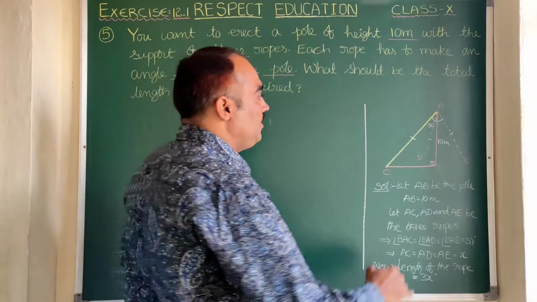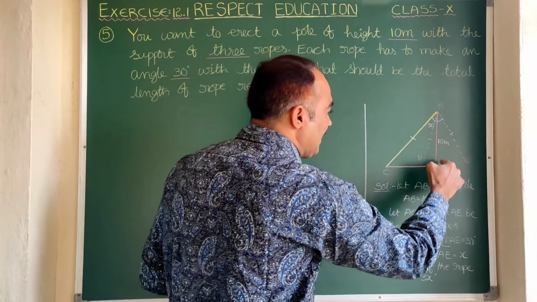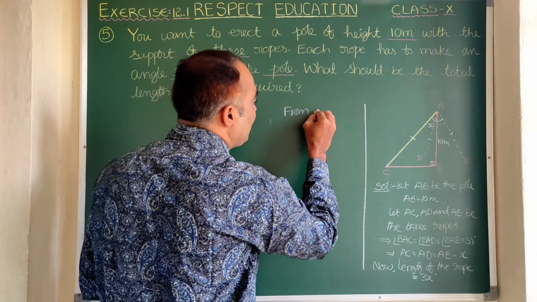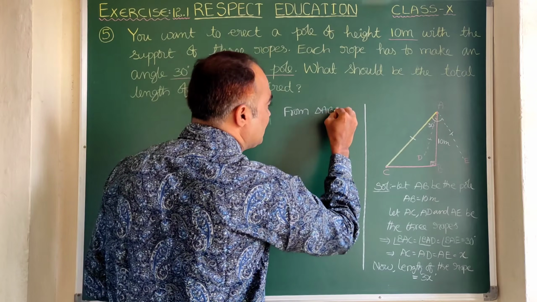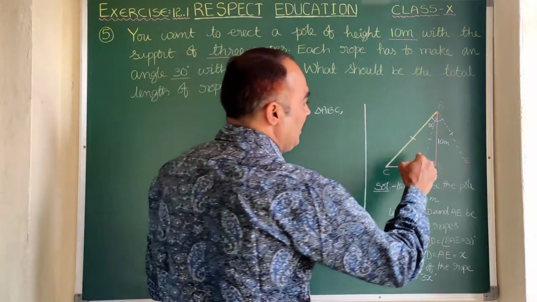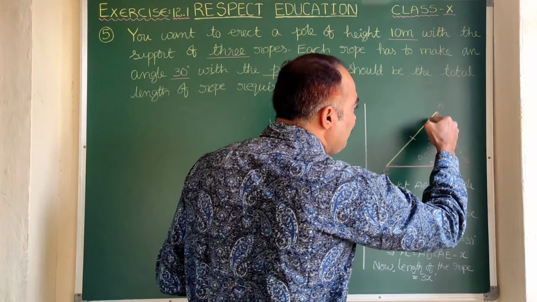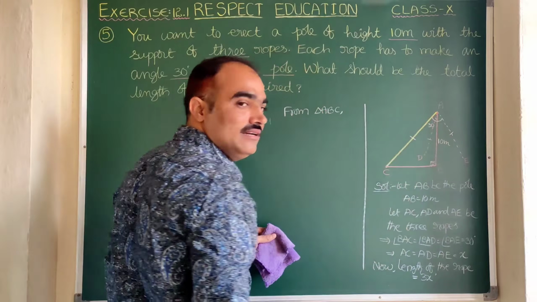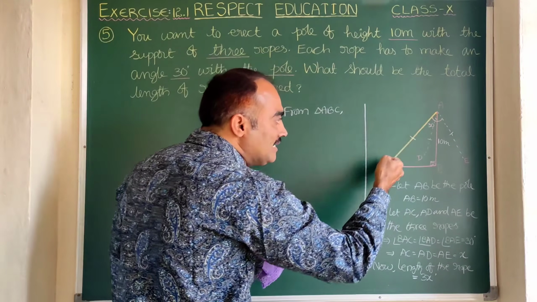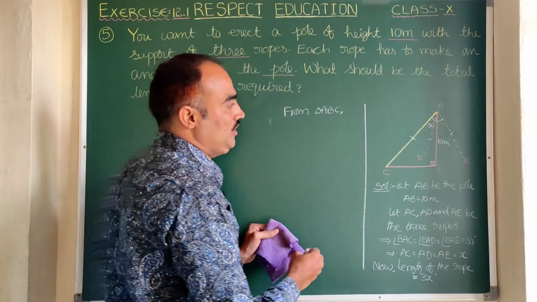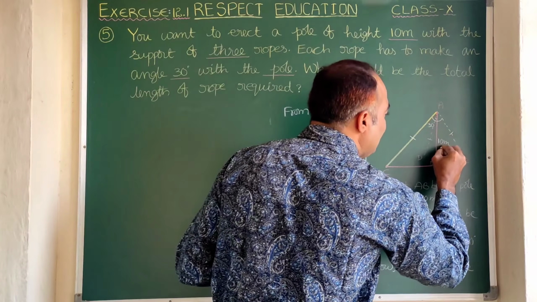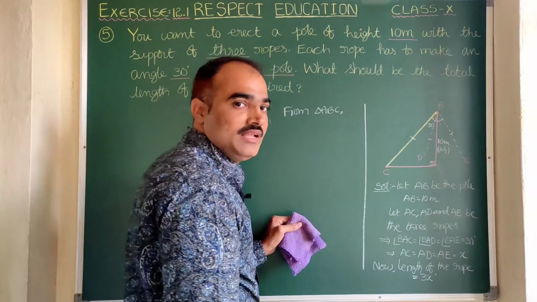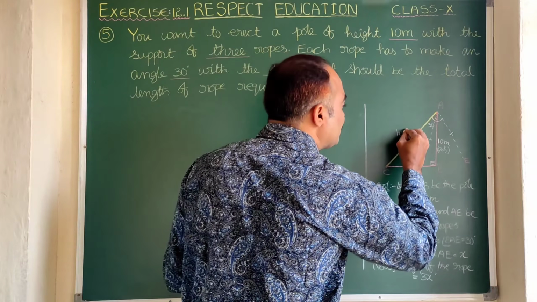Now observe the triangle ABC. Let us write here, from triangle ABC. What is AB with respect to 30 degrees? That is the adjacent side. And AC, which is required, is the hypotenuse.